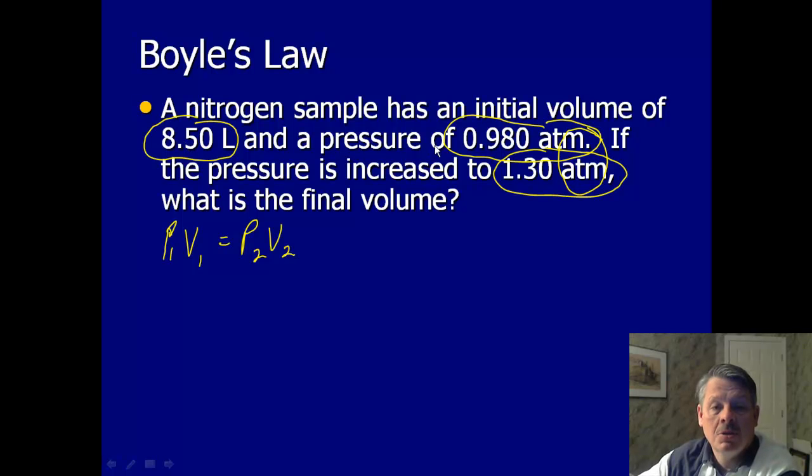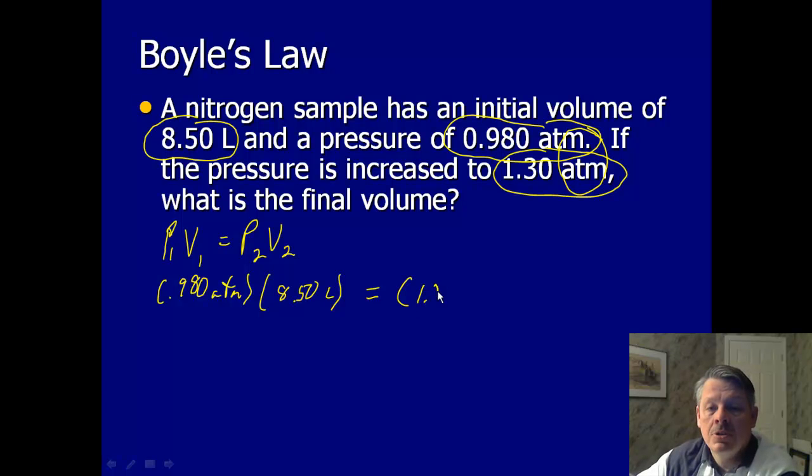Alright, so let's plug some values in. We start with a pressure of 0.980 atm, and we're multiplying by 8.50 liters, and that's going to equal a new pressure of 1.30 atm and some unknown number of liters.